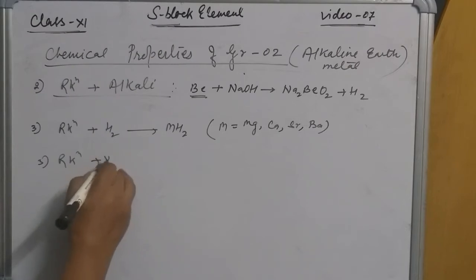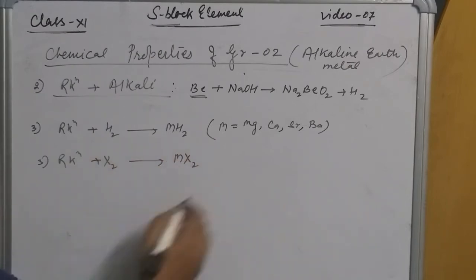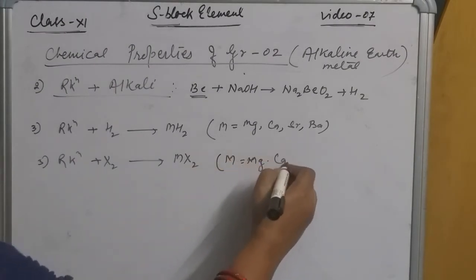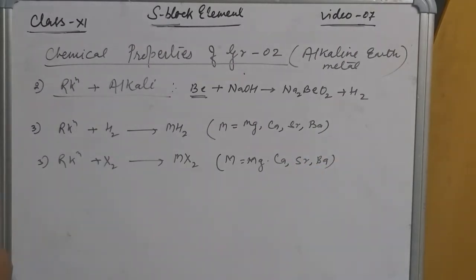Reaction with halogen: all the members react with halogen to form metal halides MX2: magnesium, calcium, strontium and barium.